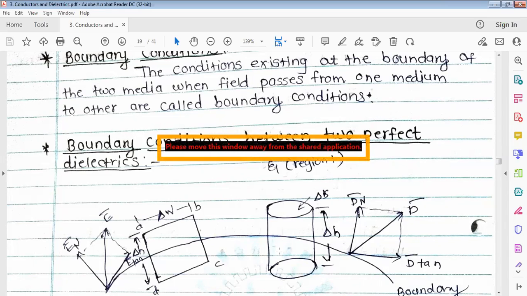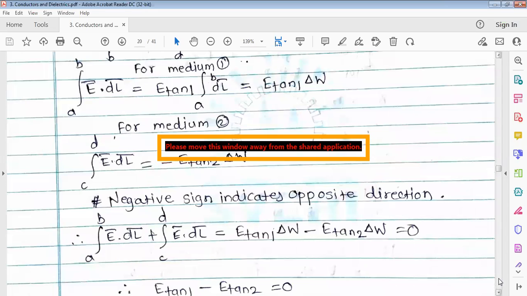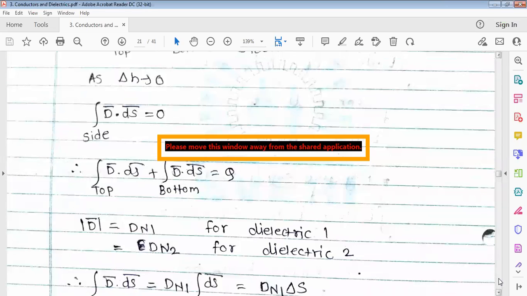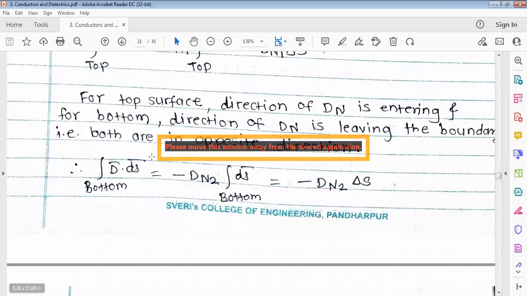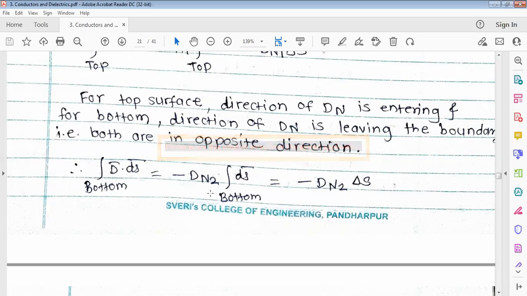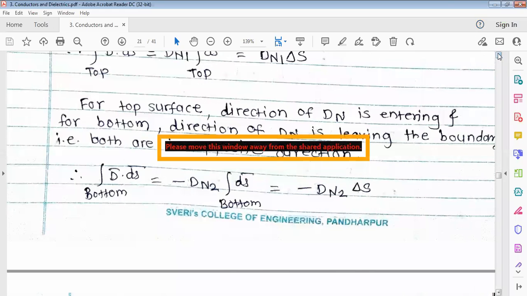Right. So these are in opposite direction. Therefore, the sign for dn2 is considered negative there. Okay, so therefore the integration of d bar dot ds bar for the bottom surface is equal to minus dn2 times the integration of ds bar for the bottom surface, and it is equal to minus dn2 into delta s.